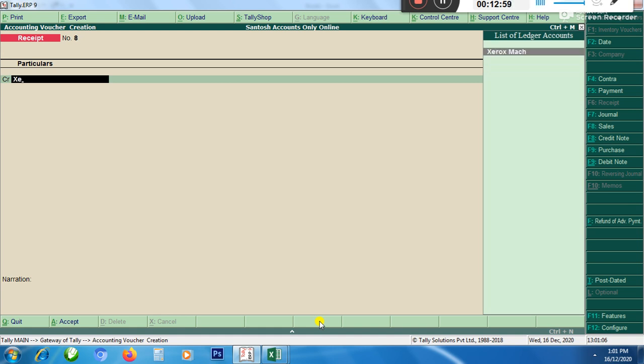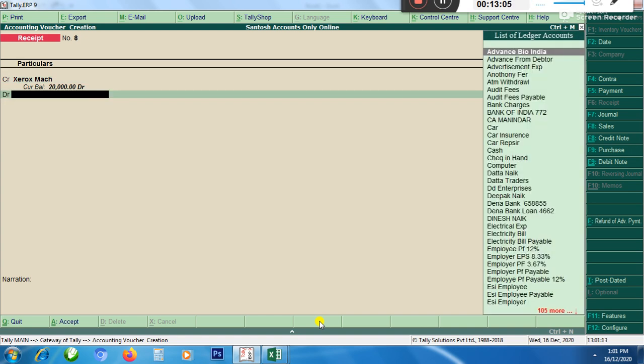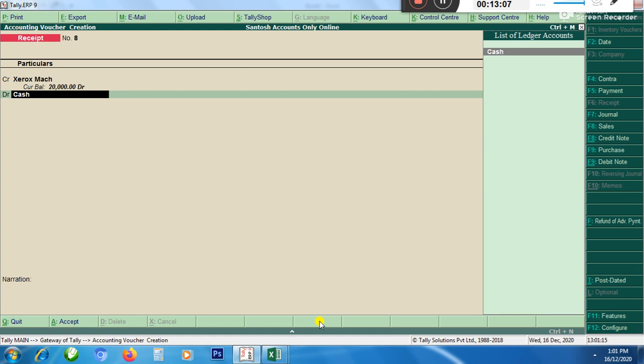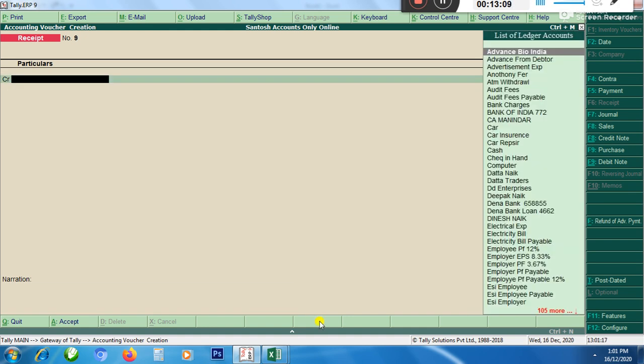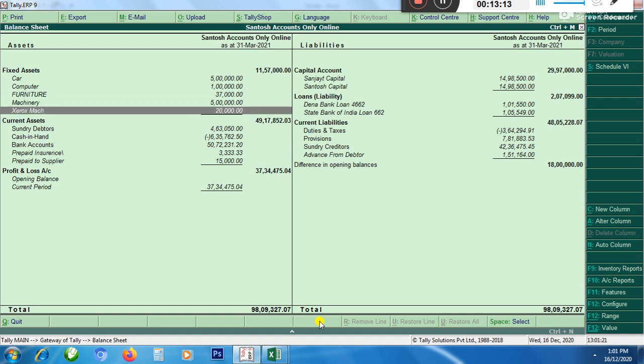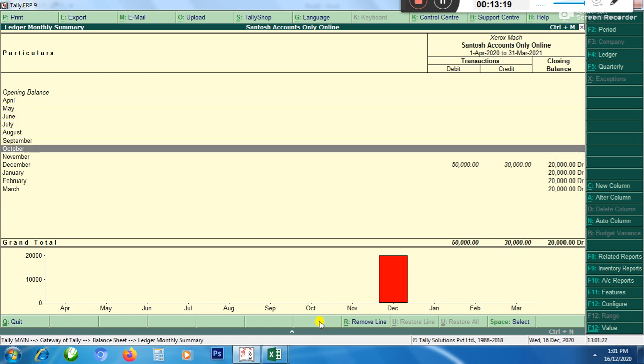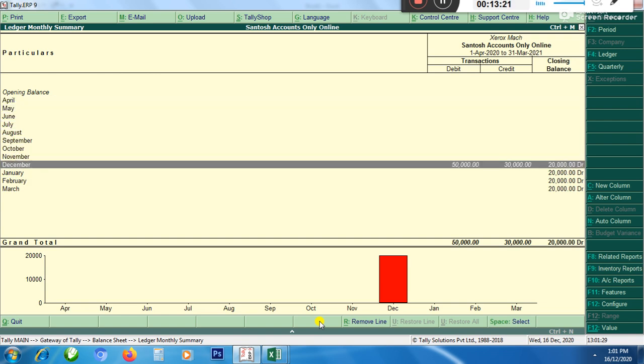Say the Xerox machine is sold for 30,000, and we have received the cash. When I go to the machinery, the Xerox machine, and press enter here, it shows we bought the Xerox machine.